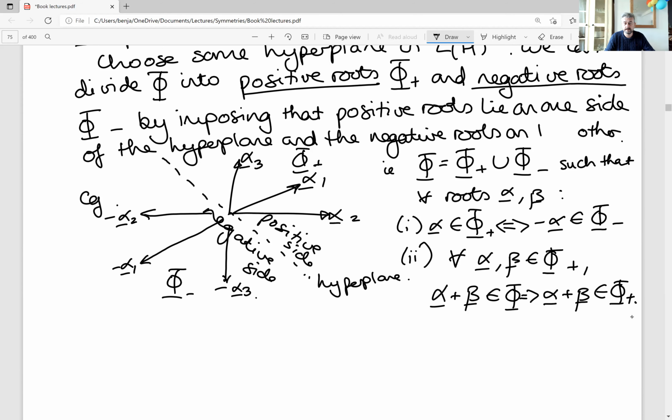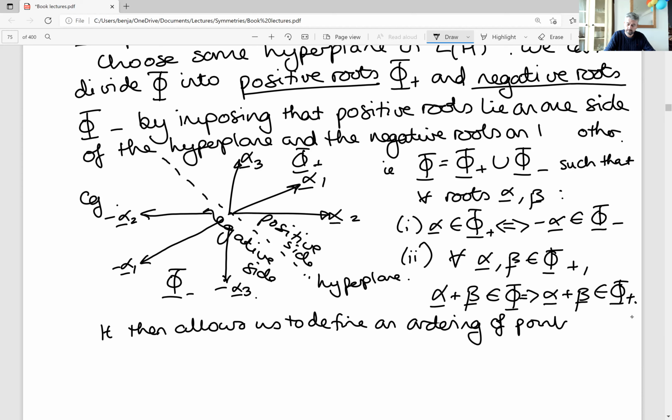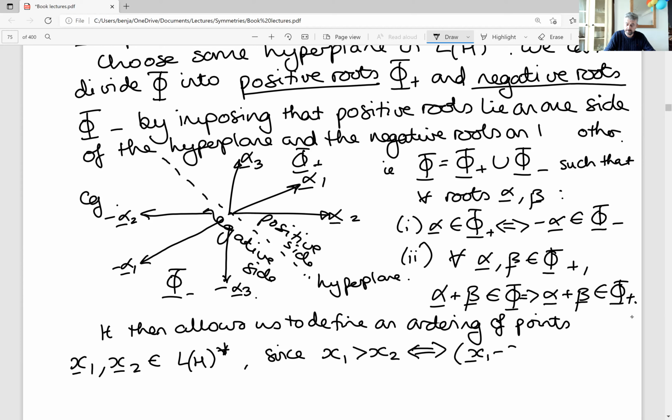So the reason we've done this is because it allows us to define an ordering of points in this space. So if we take x1 and x2 in this dual space, x1 is bigger than x2 if and only if x1 minus x2 is positive, bigger than 0.